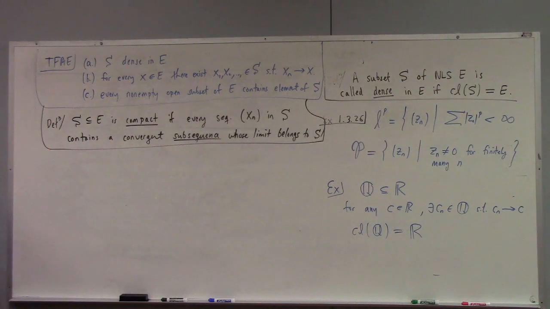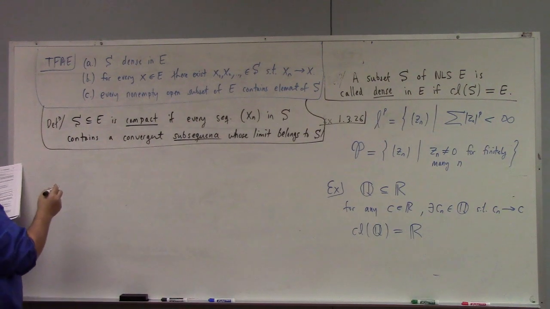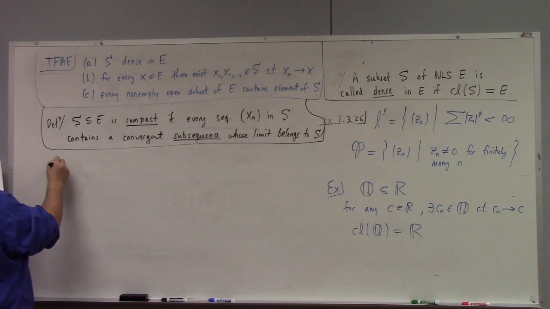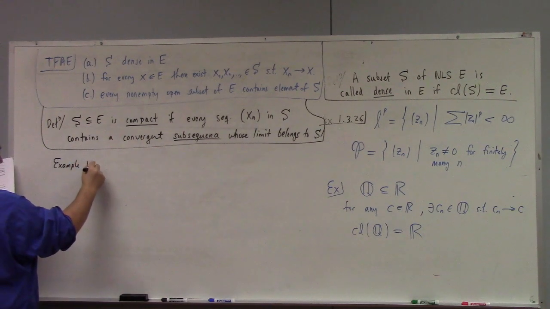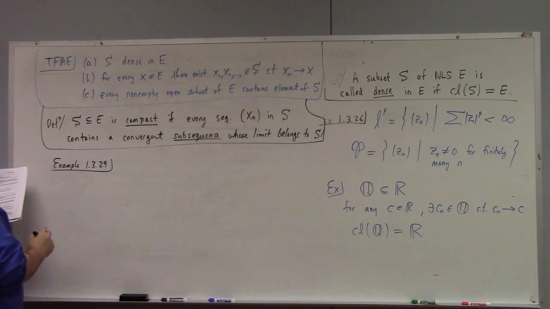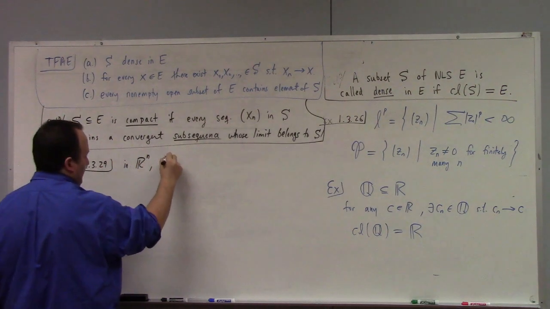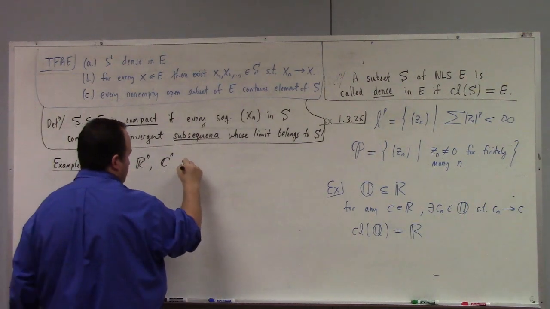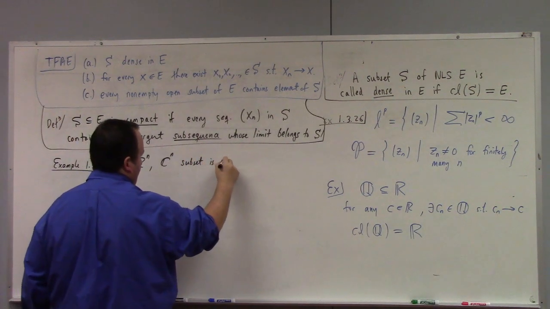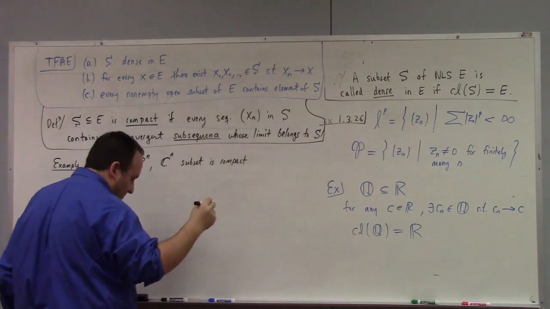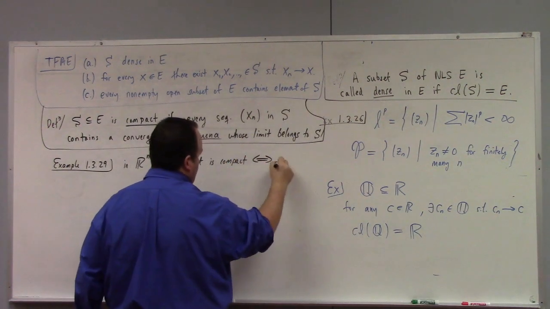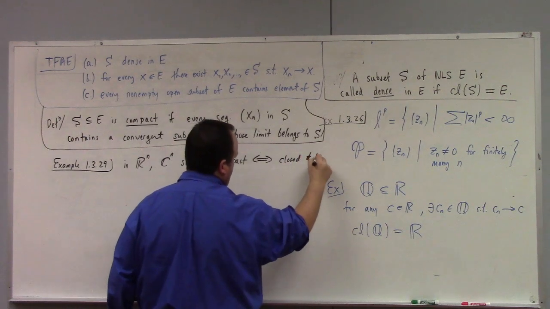So this is what's known as sequential compactness. All right? So his first example is really more of a reminder, not so much an example: in Rn or Cn, a subset is compact if and only if it's closed and bounded.